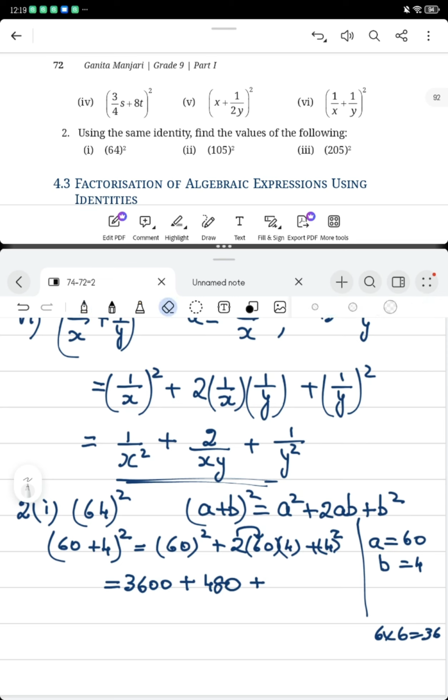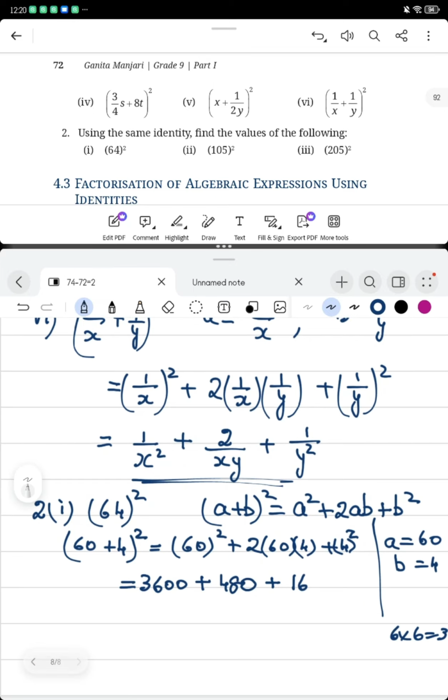Now this becomes 480, and 4 square is 16. Now we have to add all the three numbers: 3600, 480 and 16.